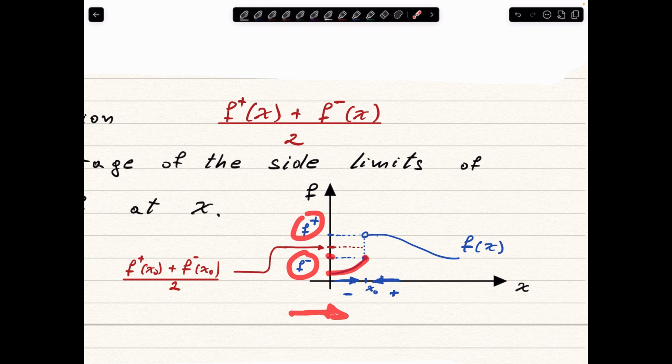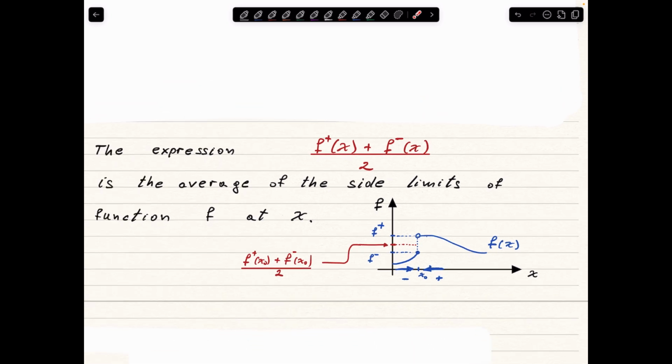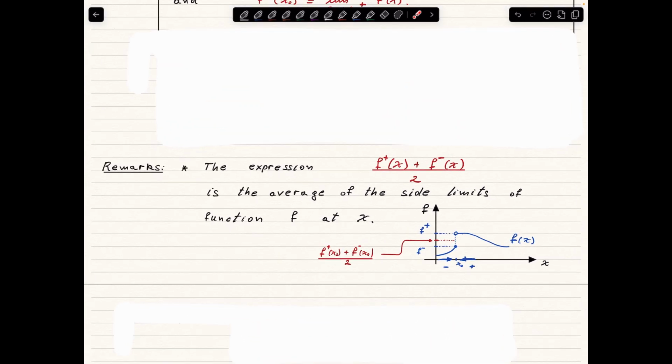These are f plus and f minus, and this quantity here is going to be this value in between, the average of these two values. This is what happens when the function f has a discontinuity at the point x0.